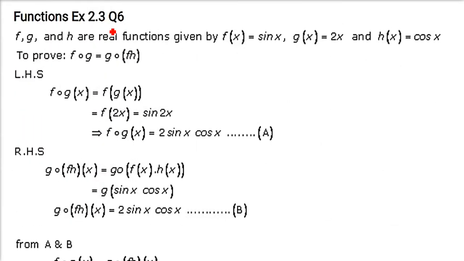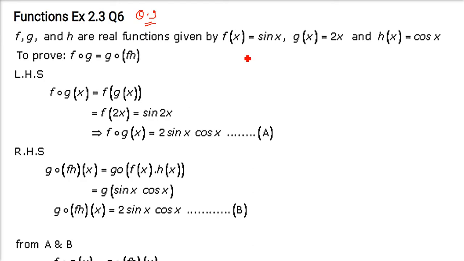Question number 6 here. Let me just check and tell you: fx, gx, hx, cos x. Question number 6 is actually question number 9 somewhere. So fx, gx and hx. You have to prove that fog is equal to g of fh.